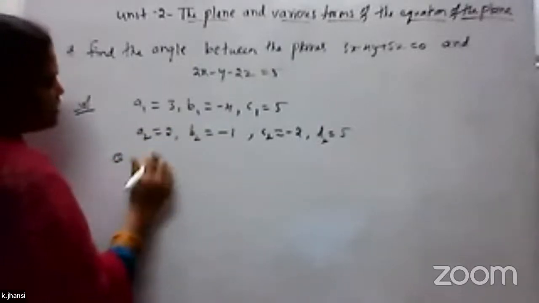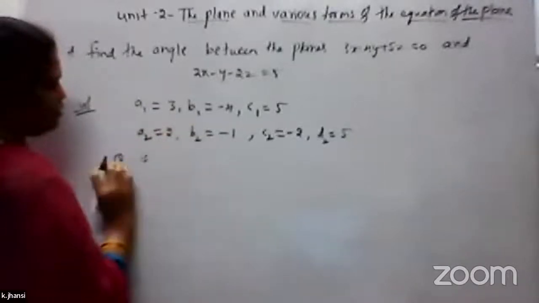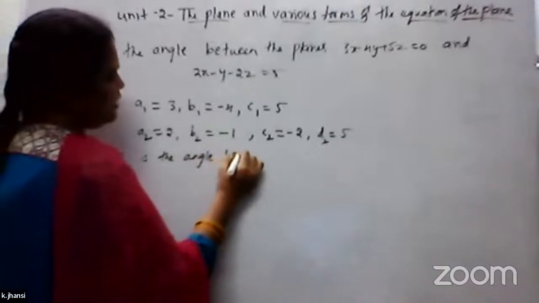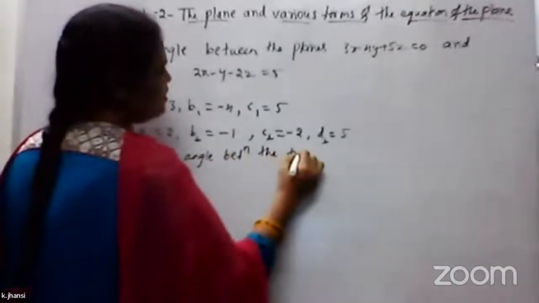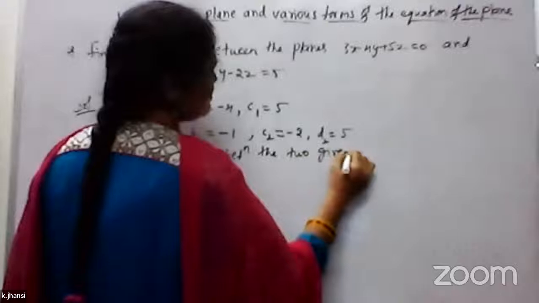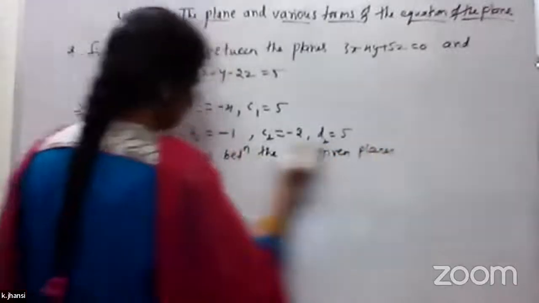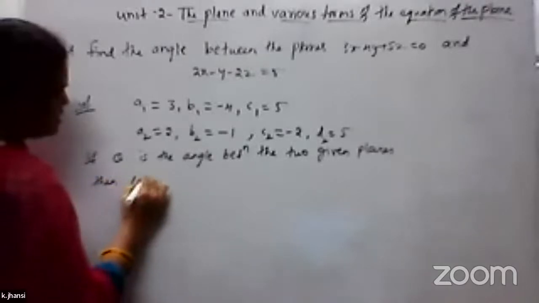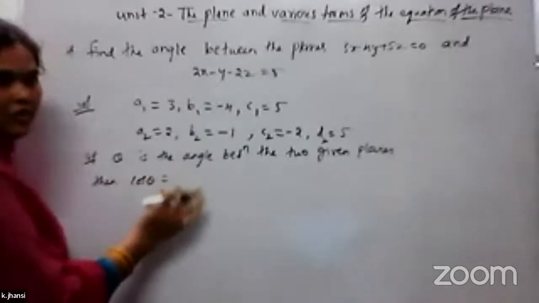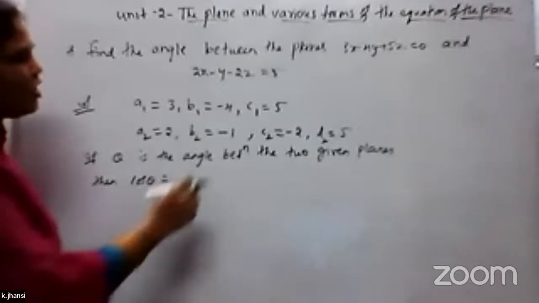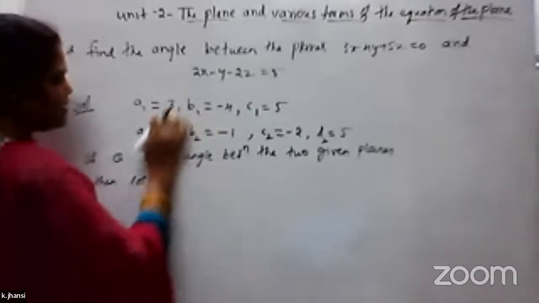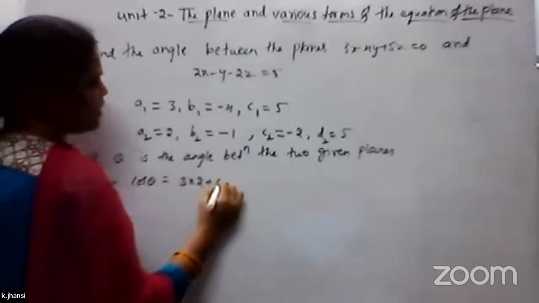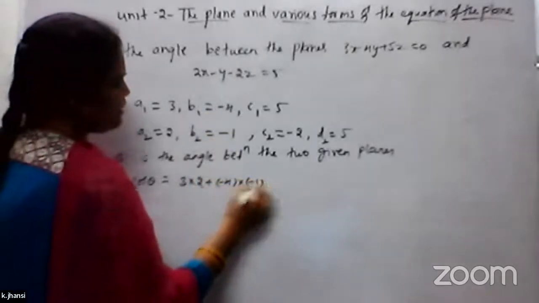So theta is the angle. Whatever steps you have in your textbook example, try to follow that. Theta is the angle between the two given planes. Then cos theta is equal to, so write the formula while writing in the examination. I'm not writing the formula here, just multiplying. This is 3 into 2. Next we have minus 4 into minus 1.